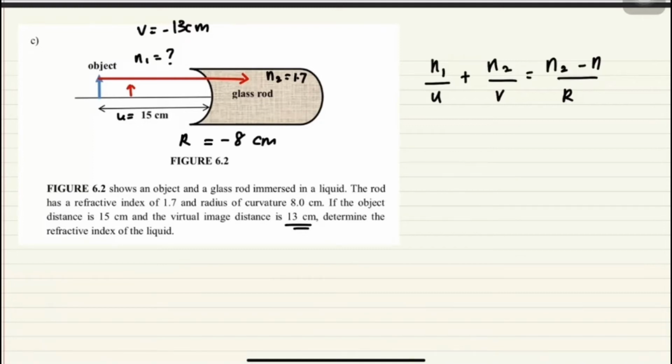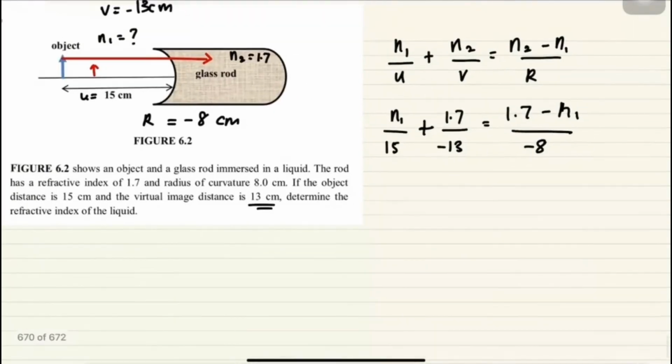So N1 is what we want to find, over U which is 15. We use centimeters, so if everything is in centimeters, okay. N2 is 1.7. V is negative 13. N2 is 1.7 minus N1 over negative 8.